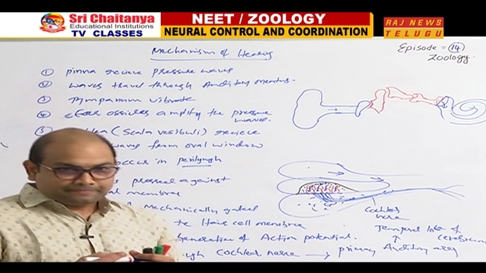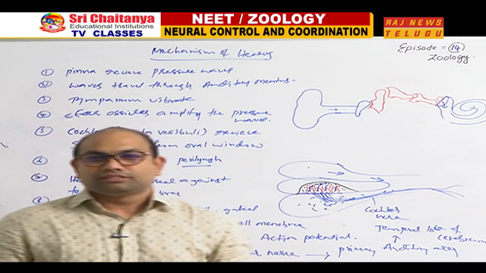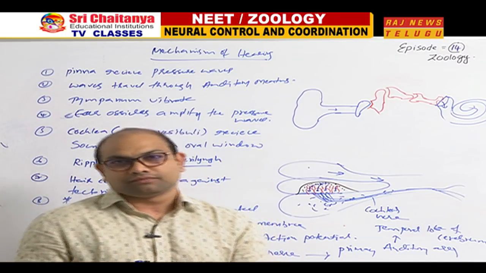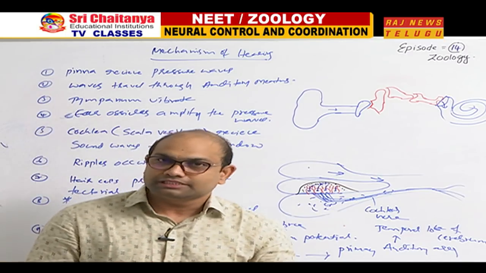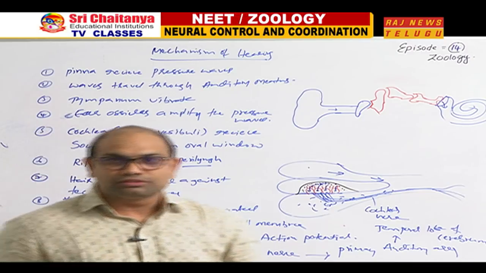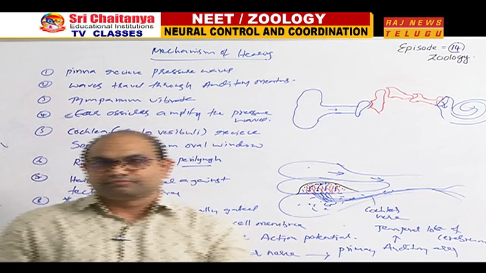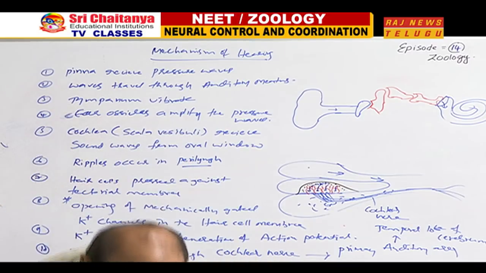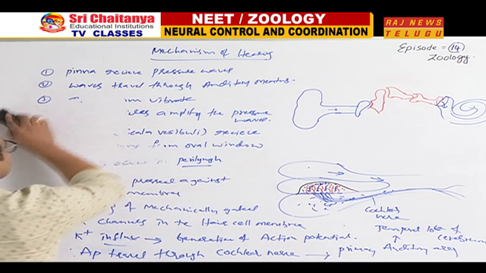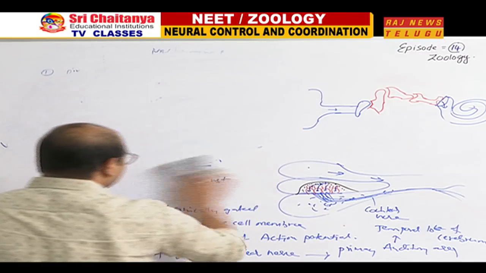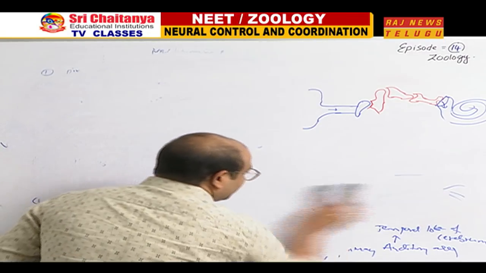Next, let me tell you some more additional points related to the nervous system. The nervous system is also associated with several disorders. Among those, one is Alzheimer's, which is nothing but memory loss. Just an outline I would like to give you about the disorders of the nervous system.